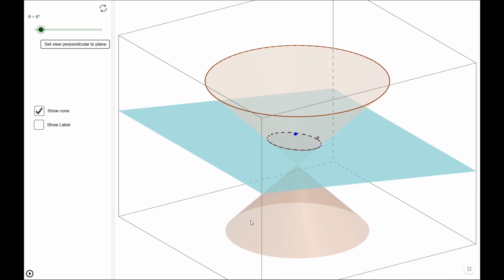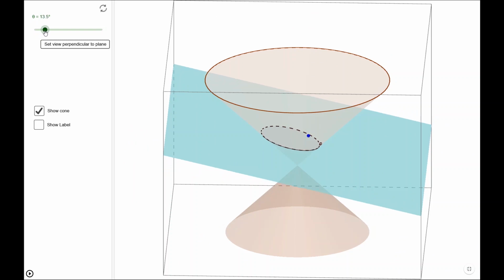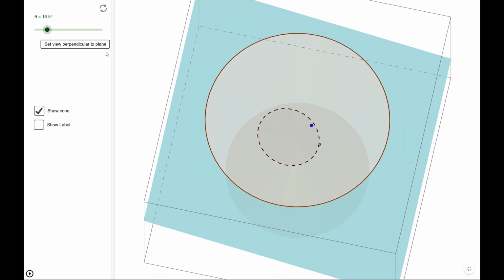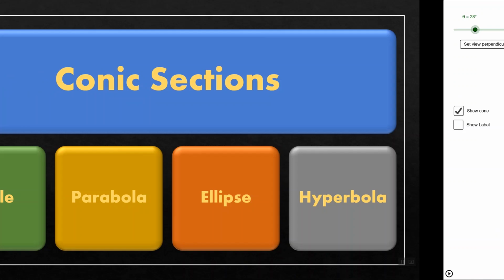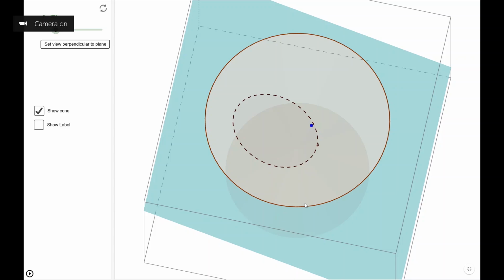Here it is. So what shape do we get if we start tilting the angle? The shape that we're going to get is not a circle, but an ellipse. So this is the second shape that we get from conic sections, which is the ellipse. This one is going to be discussed today.